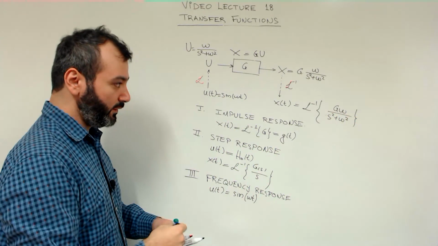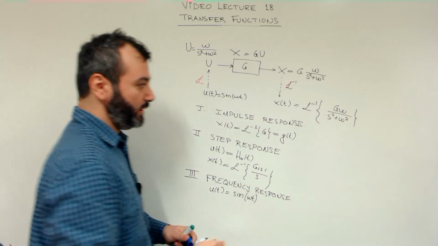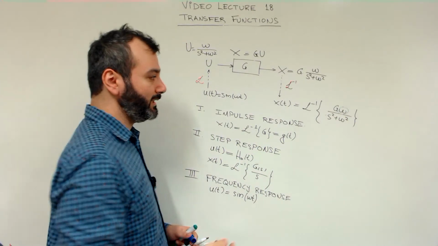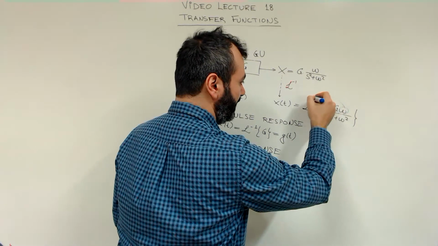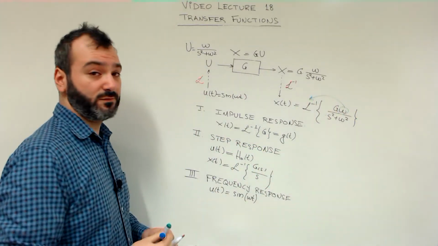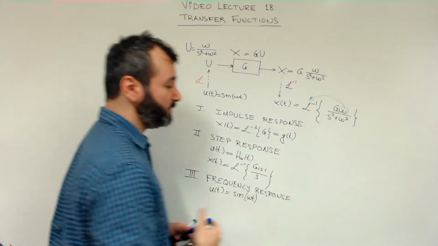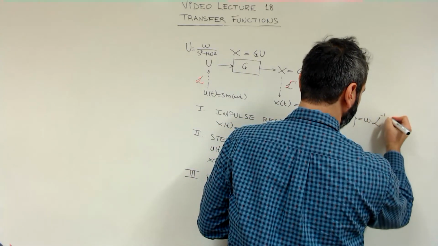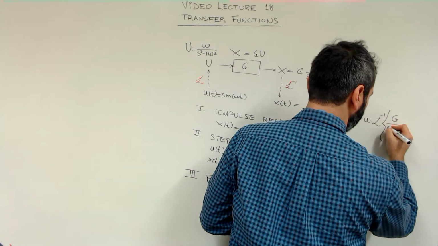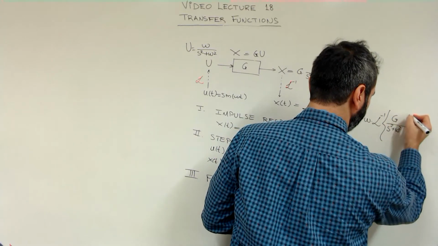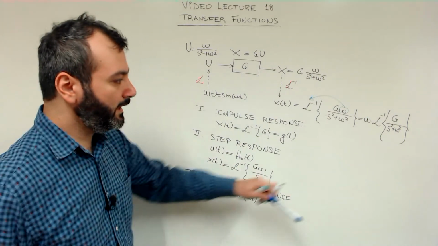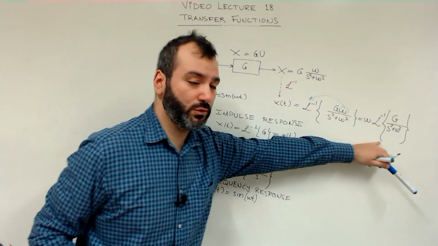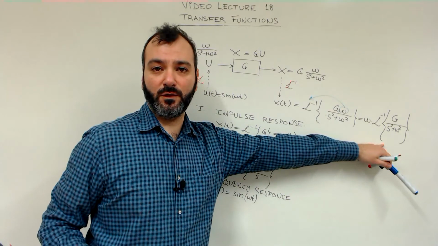For all it's worth, you can note here that omega is just a scalar multiplier, and since the inverse Laplace transform is a linear transform, we can move that outside the transform. So if you like, you can write it like that. And this is again a strictly proper rational function, and we know how to determine the inverse Laplace transform of such functions.